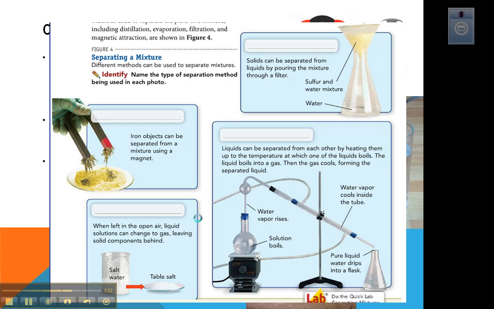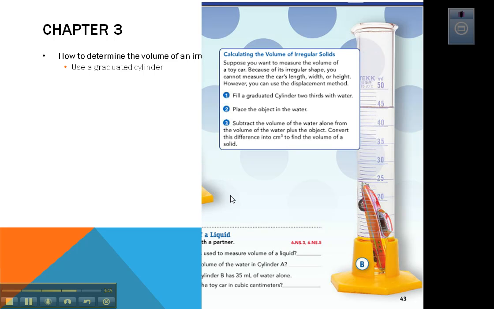So here are our 4 ways that we can separate a mixture. Okay, as we continue on here, still in Chapter 3, how to determine the volume of an irregular object. Well, we're going to use a graduated cylinder. And just as we did in the lab, we're going to fill that graduated cylinder first with, you usually decide, if it's 100 milliliters, a lot of times we put in our 50.